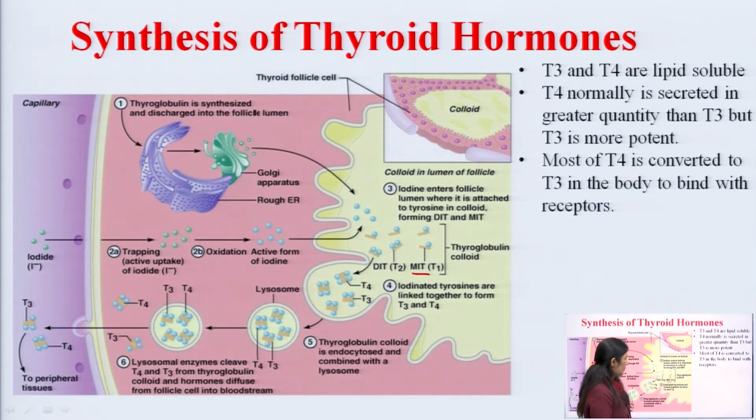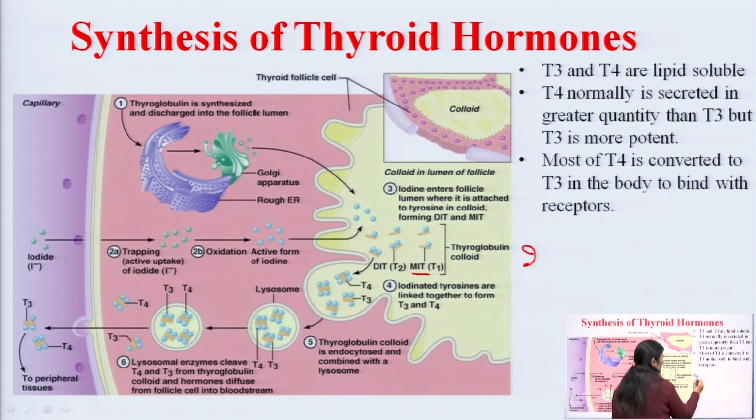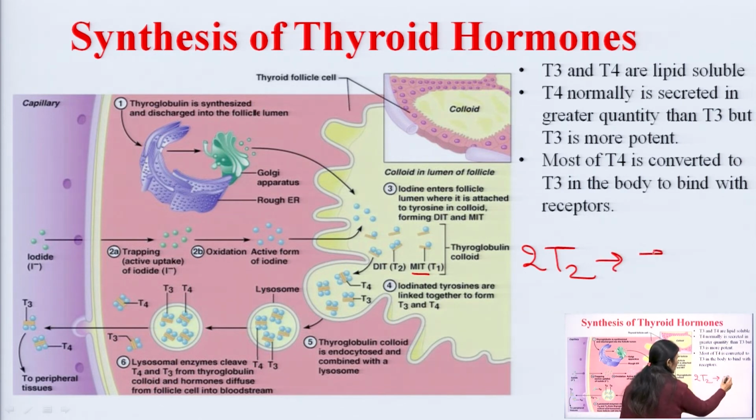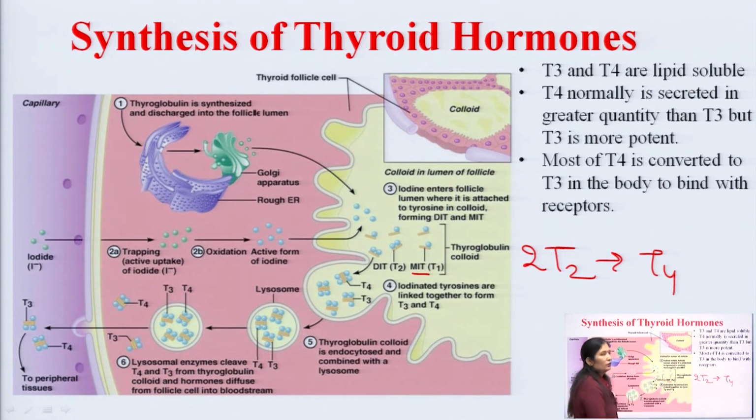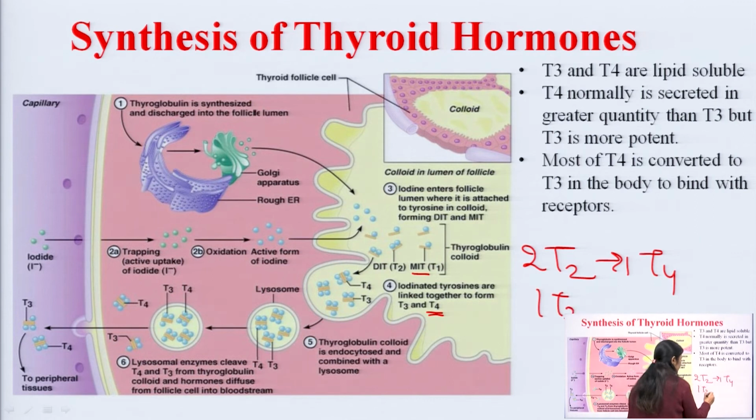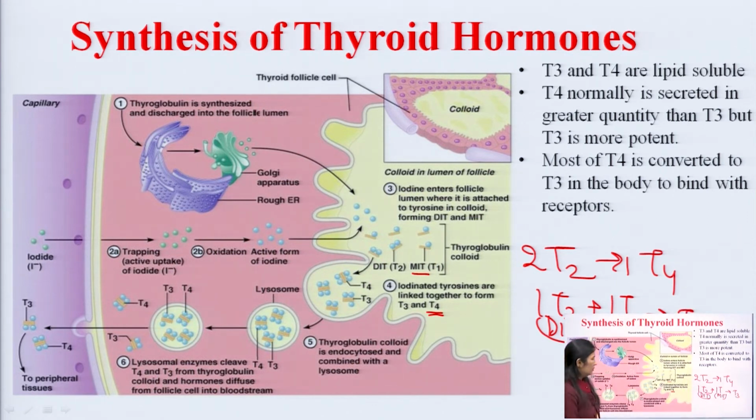Now next step is coupling of iodinated tyrosine. 2 molecules of T2 will form 1 molecule of T4, that is thyroxine, and 1 T2 plus 1 T1, that is diiodotyrosine and monoiodotyrosine, will form T3, that is triiodothyronine.